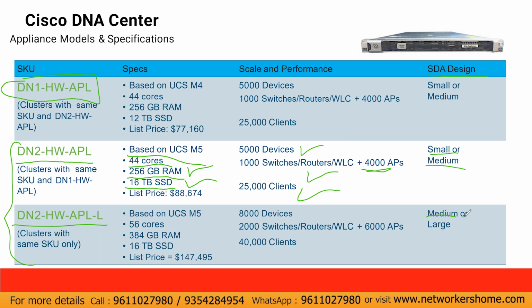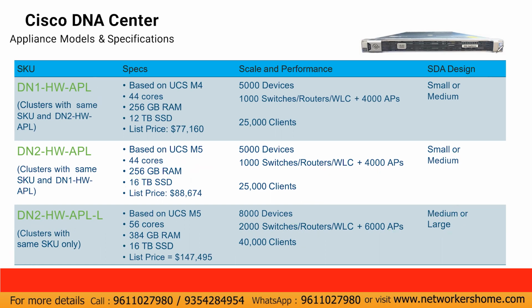For medium and large scale, you can see 8,000 devices, which can consist of 2,000 switches, routers, or WLCs, and 6,000 APs, and it can manage 40,000 concurrent clients. Recommended for mostly large scale. You can even go onto Cisco's website and search for DNA Center specifications, and you'll get the same information.